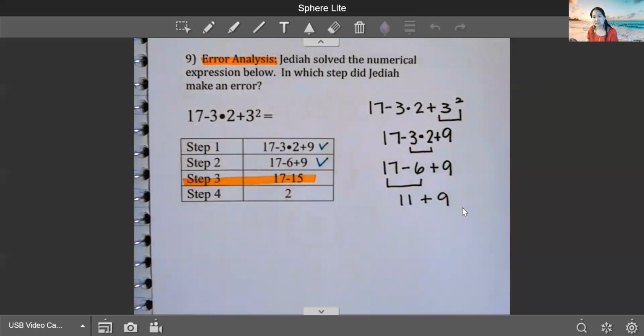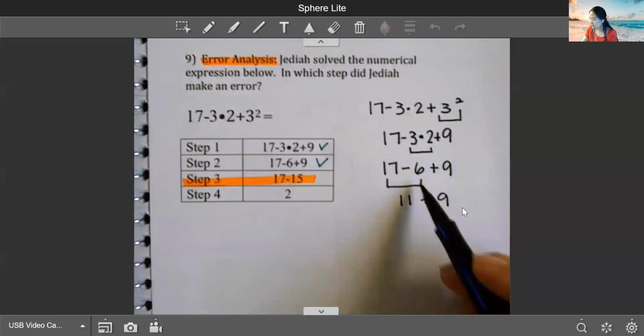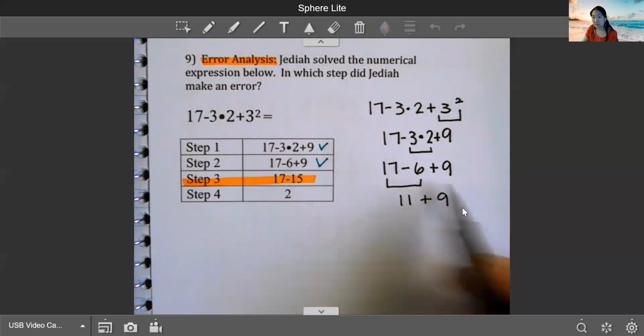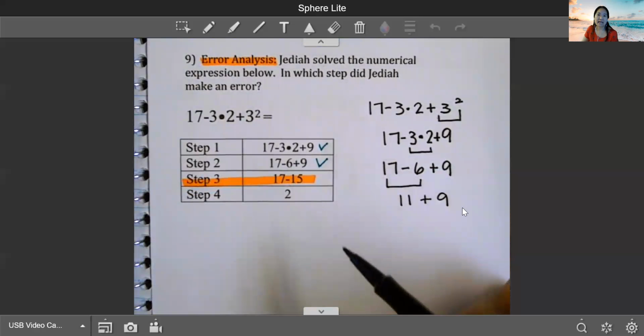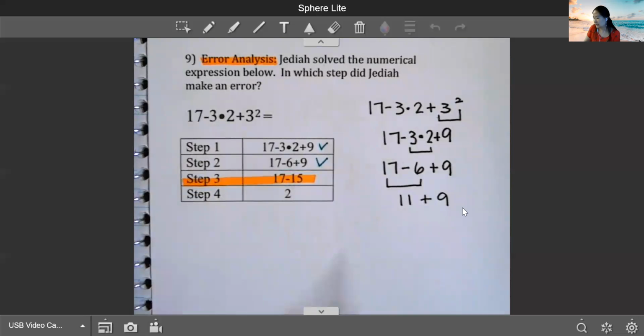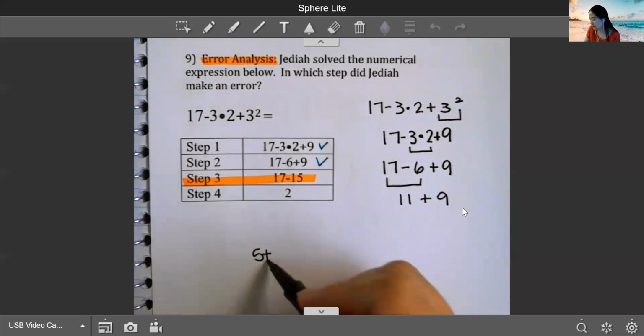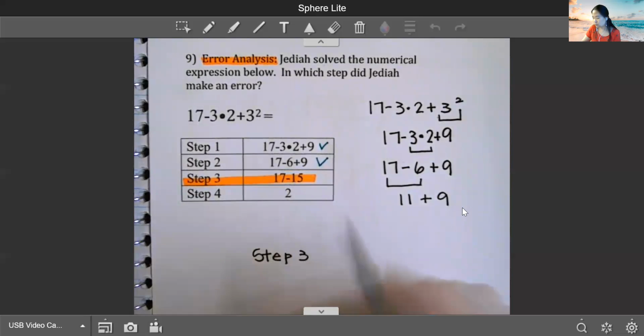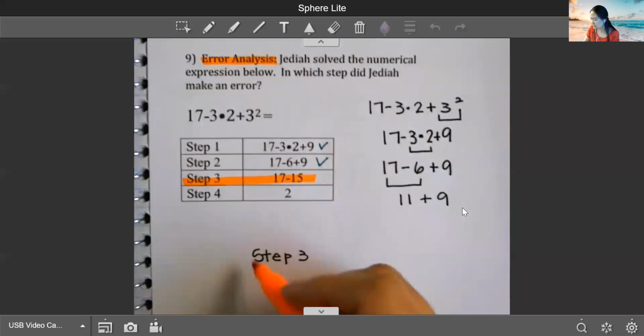It looks like this person added and got 15 before subtracting. You don't always add first. You need to add and subtract from left to right, okay? So the answer to number 9 is step 3, because the question is, in which step did Judea make an error?